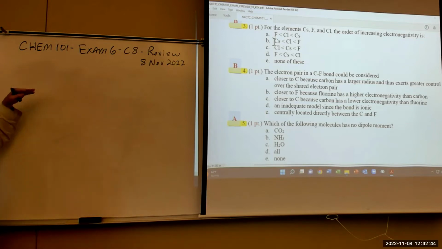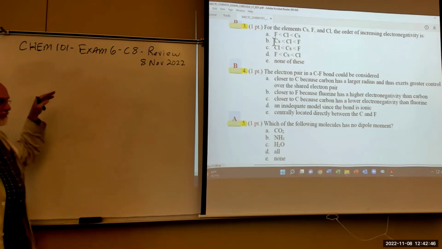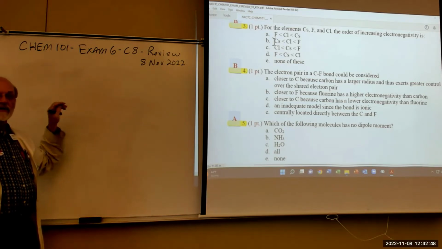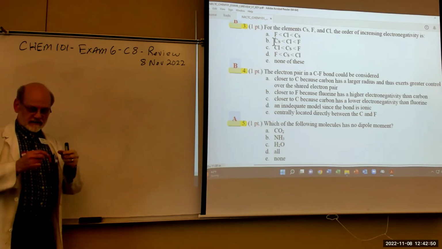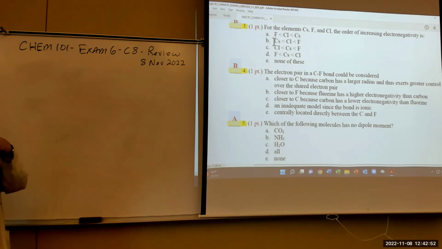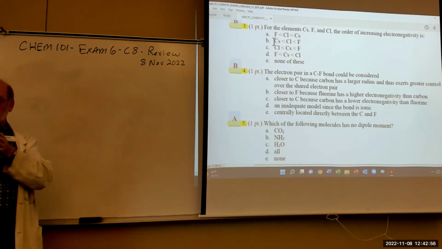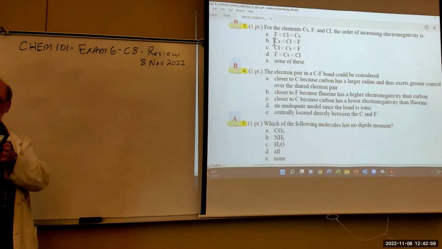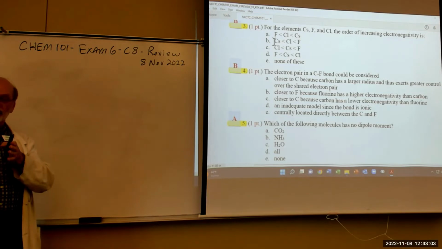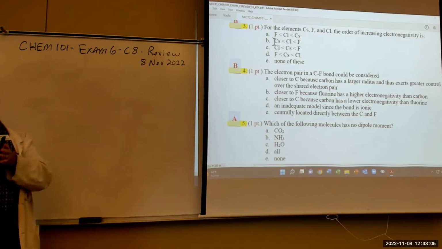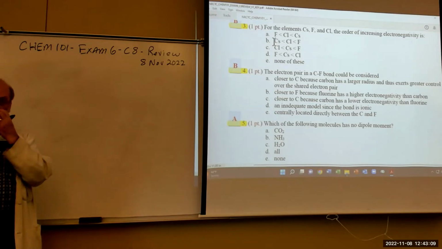Used it to indicate what might be considered a force if a molecule is suspended between two plates, negative and positive, then it would feel a force as it orients itself negative toward the positive plate and positive toward the negative plate. It would feel a force pulling it in one direction or the other.